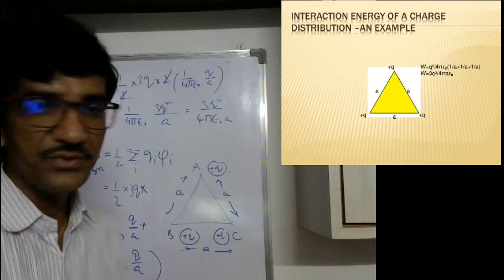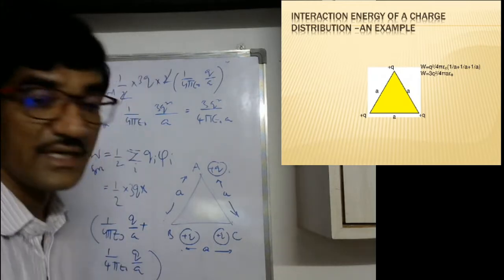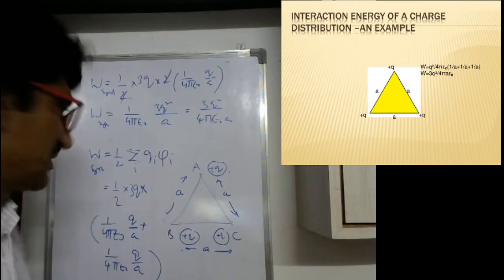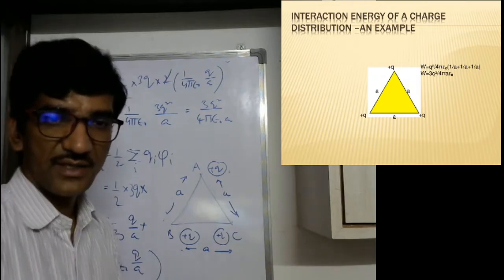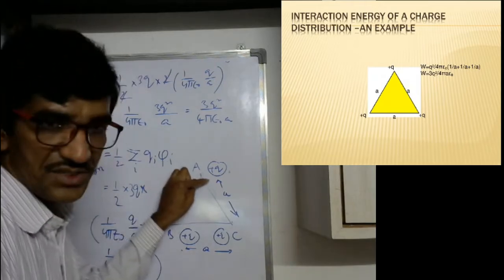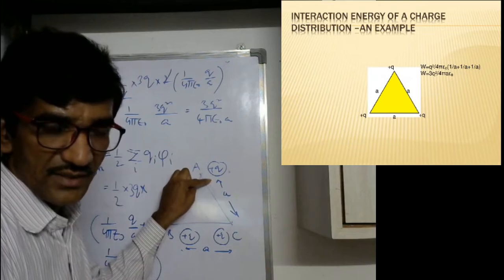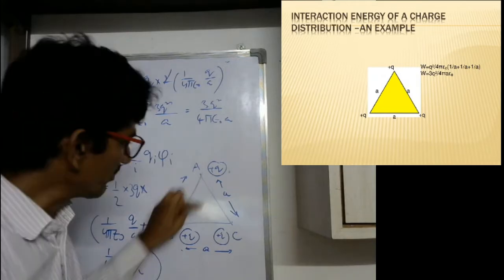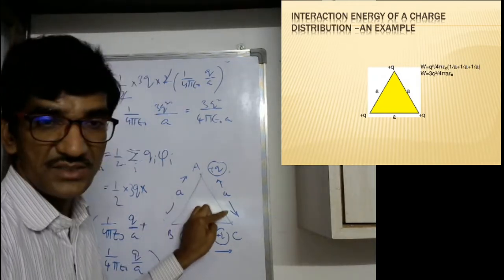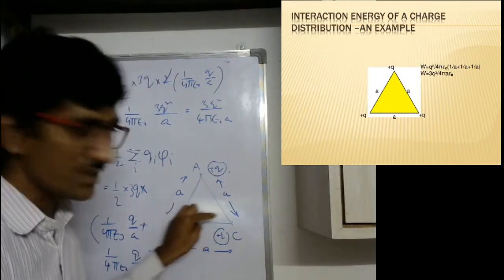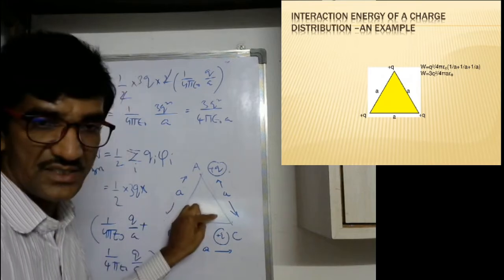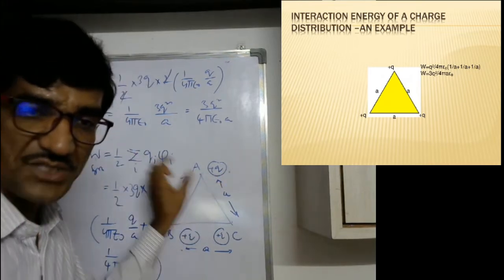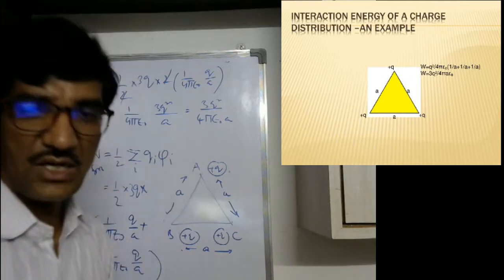You have to calculate the potential due to n minus 1 charges. You are excluding this charge. If n is equal to 3, 3 minus 1 means you are left with 2 charges. You have to find the potential due to these two charges at the point where the excluded charge is located.